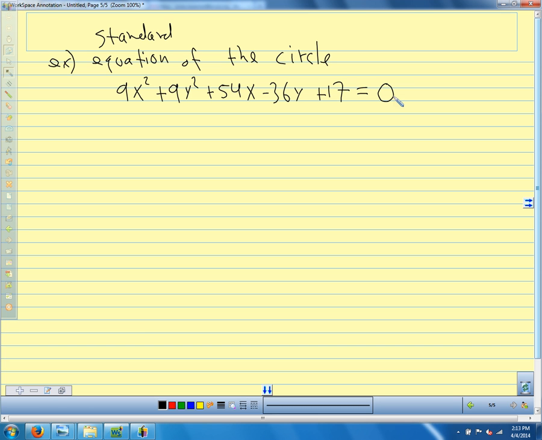So we want the standard equation of this circle. What do we have to do here? Any ideas?